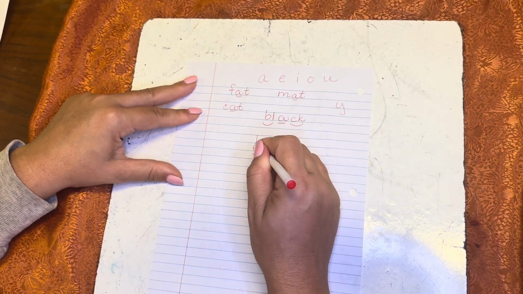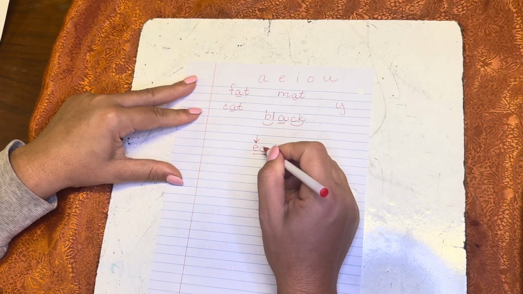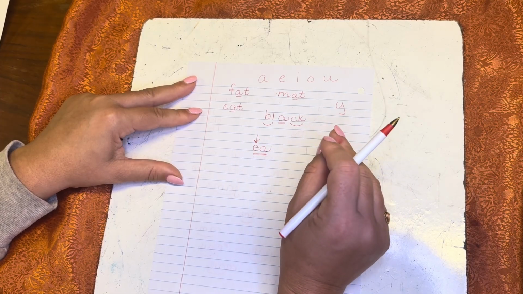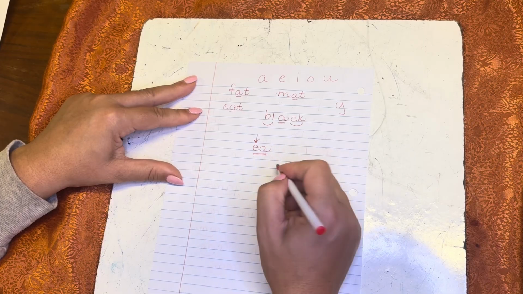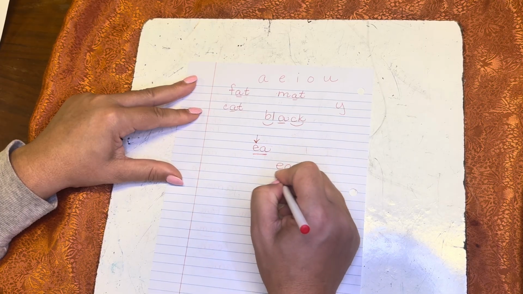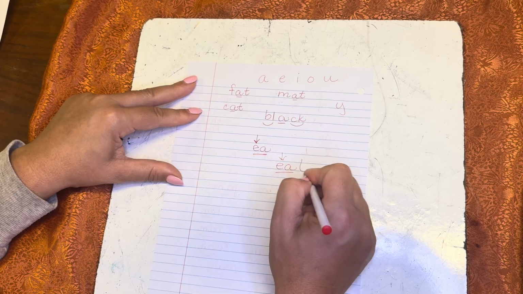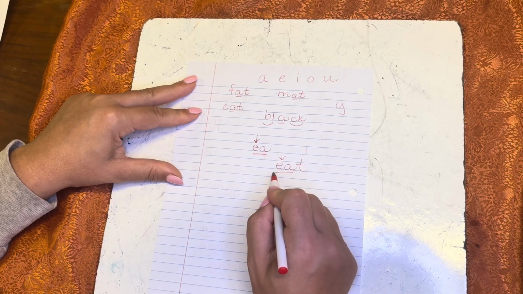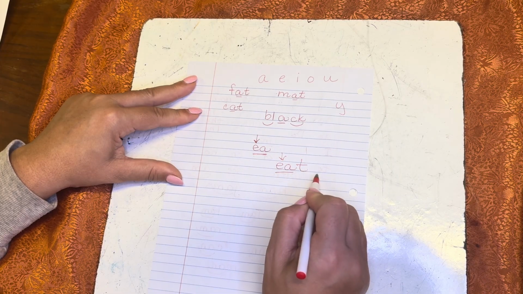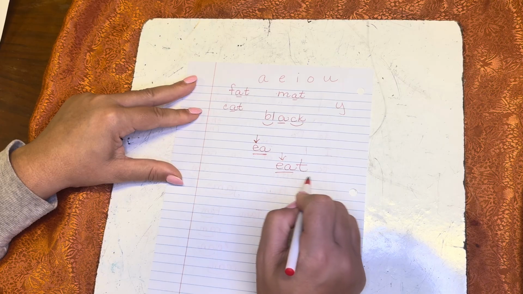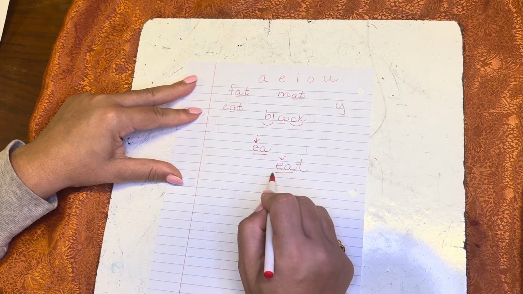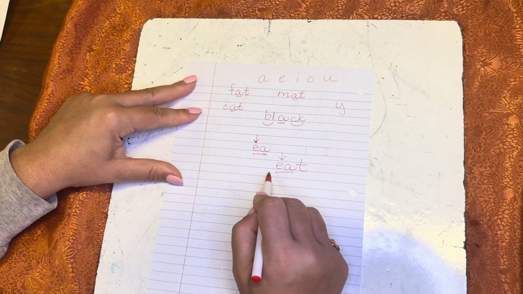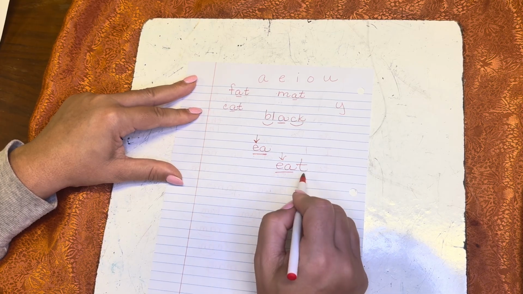In this case, this E is going to talk. He's going to say his name, and he says, I am E. So this says E. So when you see E and A together, it says E. And then if I added a T there, it'll be eat. Your turn. My turn again. Eat. Your turn. Yes, that word is what? Eat. Yes, eat. Good job.